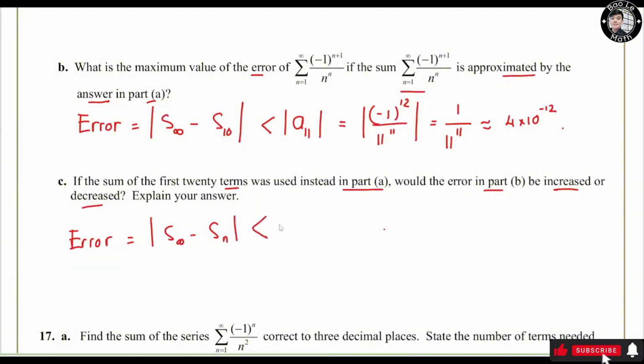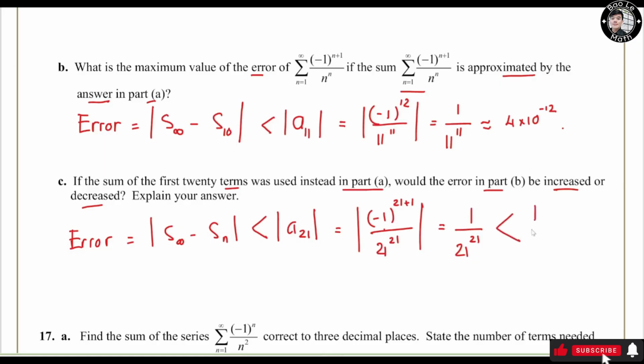This is less than the absolute value of a sub 21, so it's going to be the absolute value of negative 1 raised to the 21 plus 1 over 21 raised to the 21, which is 1 over 21 raised to the 21. And this is absolutely less than 1 over 11 raised to the 11. So we can conclude that the error would decrease.